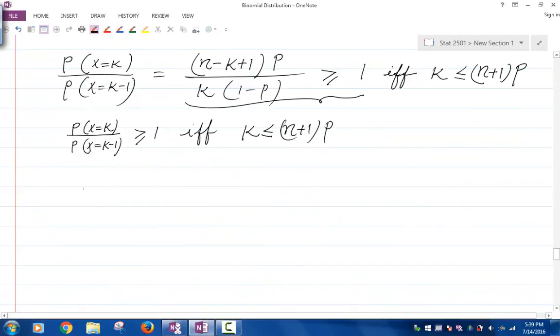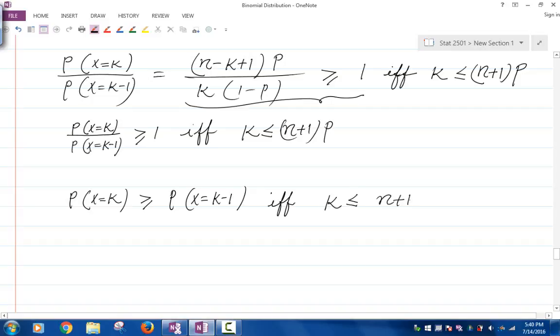So that means that P of x equals k is greater than or equal to P of x equals k minus 1 if and only if k is less than or equal to n plus 1 times p.